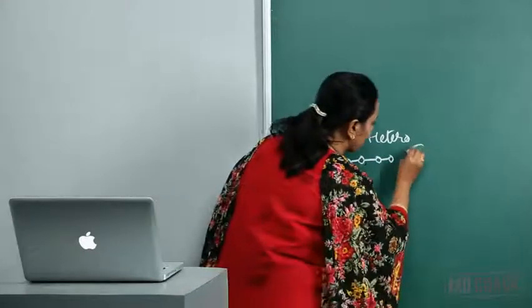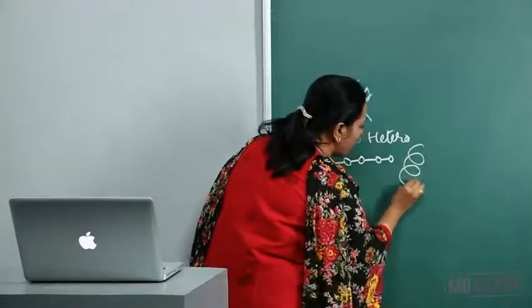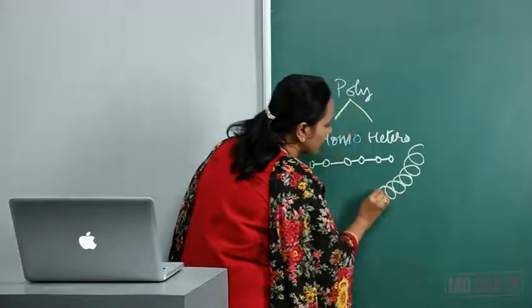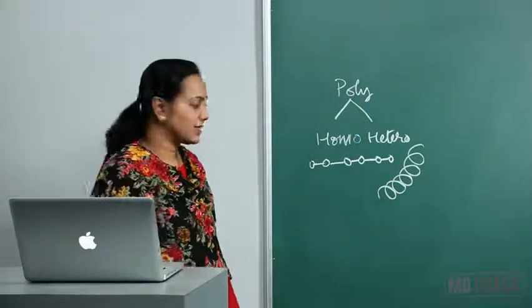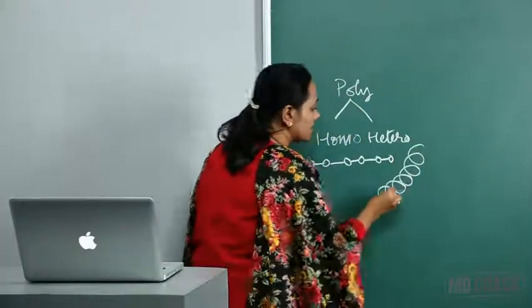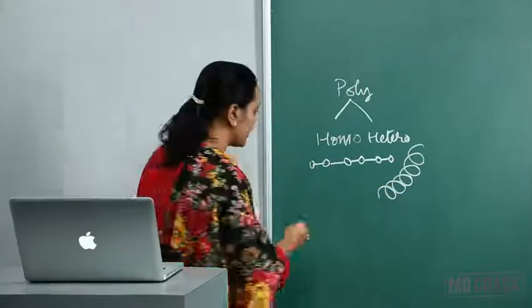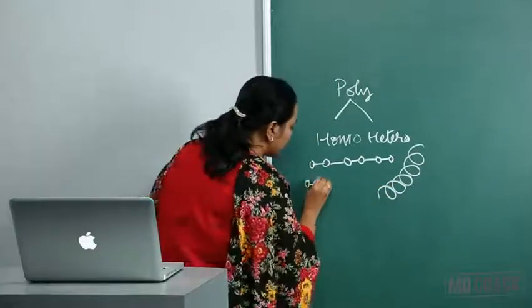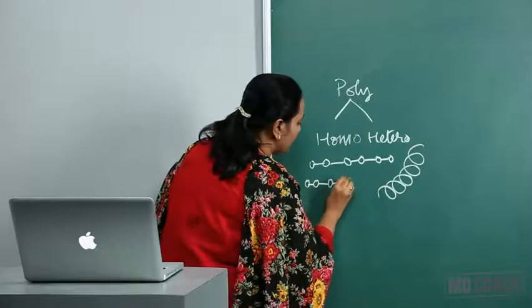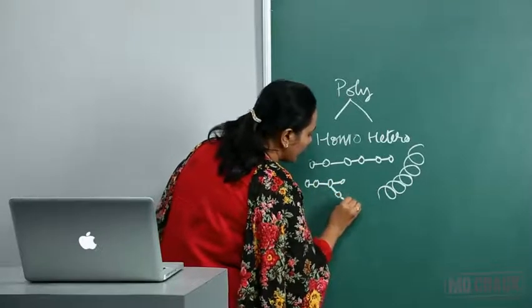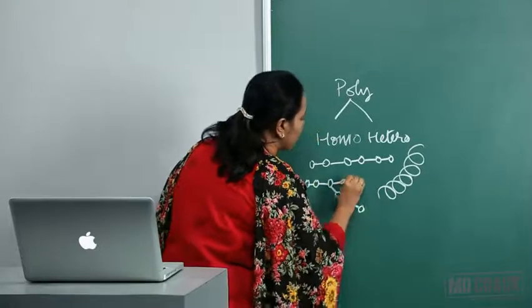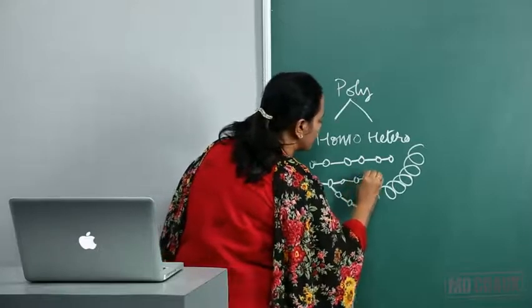Then this straight chain usually forms a secondary structure which is somewhat like a helix. So this helical structure is called amylose, whereas amylopectin is also present in starch. However, it has branches in it. Amylopectin has branches in it.